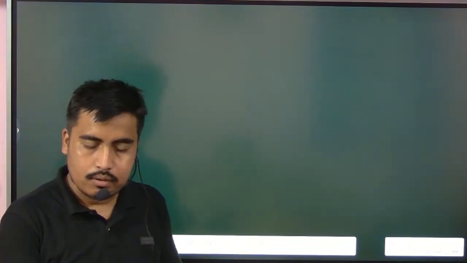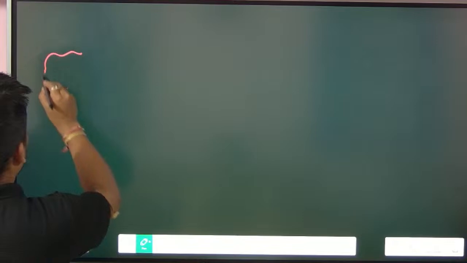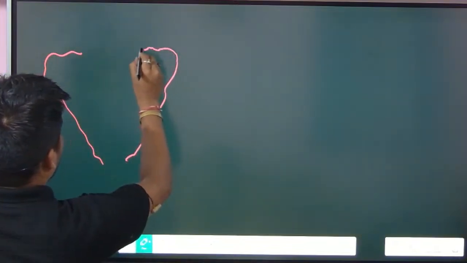So before fertilization, another process should be done. So what is the process? Let's try one thing. I'm drawing a flower, okay?